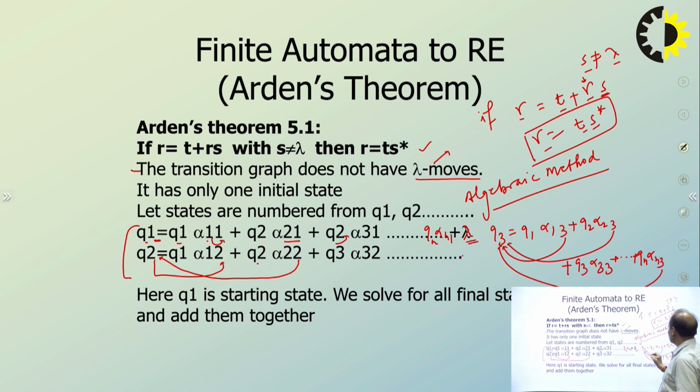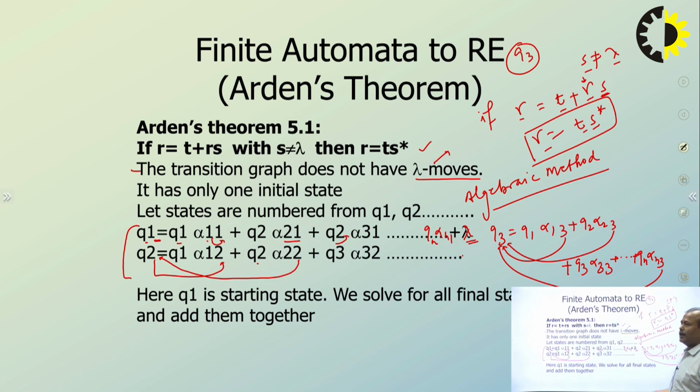Everybody will go to 3. So this is the algebraic method. You have to design it like this, and suppose you have one final state. Let's say out of these you have Q3 as the final state, so we are going to solve for Q3 only.